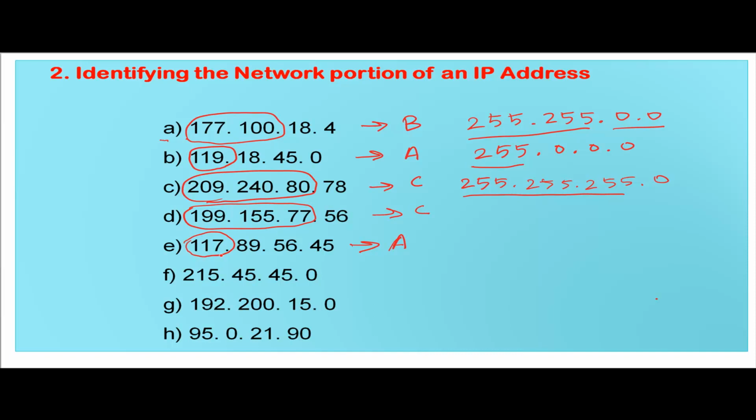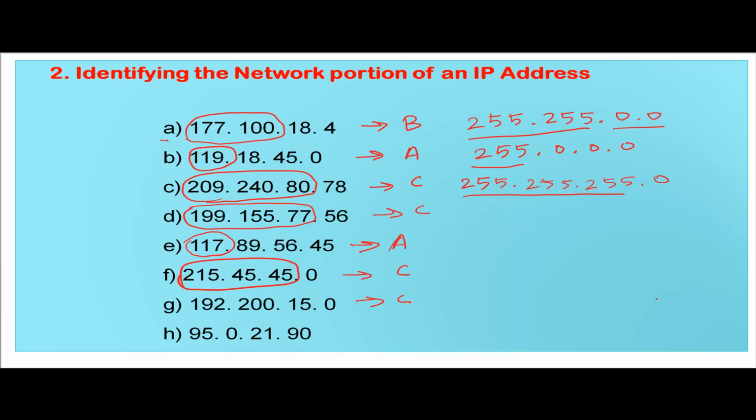Then 215. 215 is a class C IP address. For a class C IP address, the first three octets are going to be your network portion. Then 192. 192 is also a class C IP address.